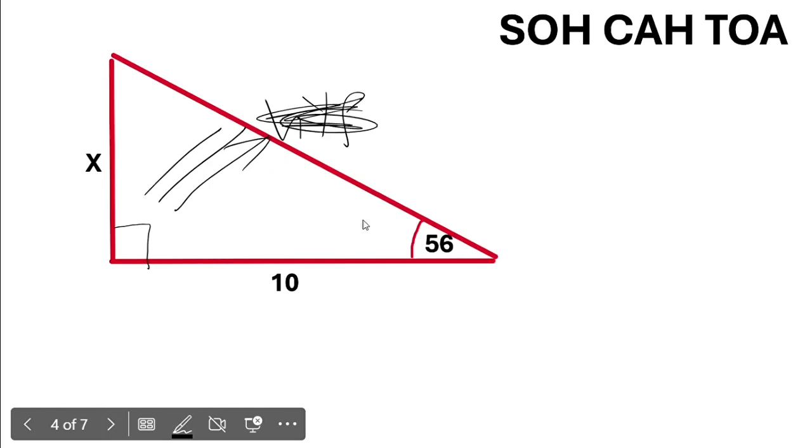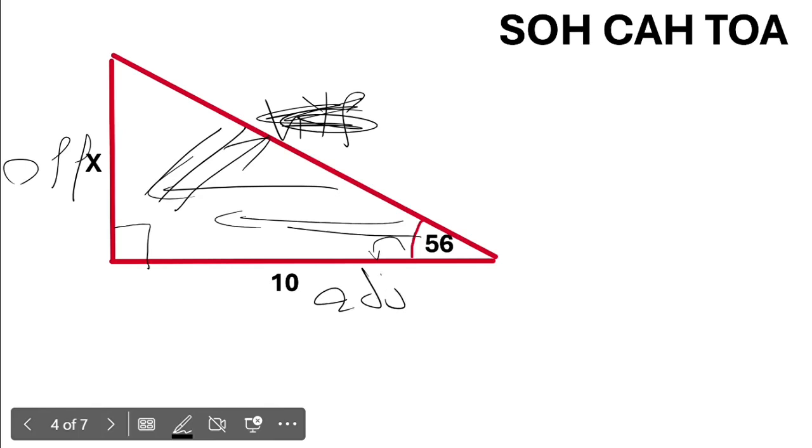Here the side opposite the angle 56 is opposite, and the side next to 56 is adjacent. Adjacent equals 10. Now we use TOA because I want to find opposite, and I have adjacent.